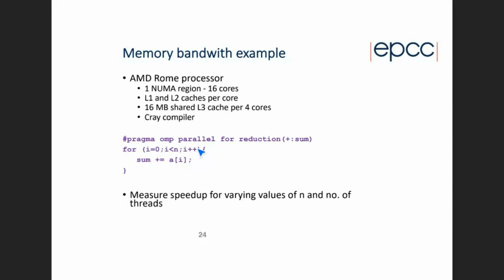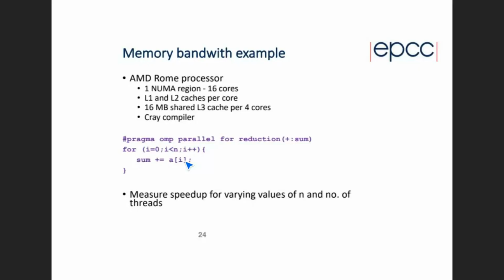I'm repeating the execution of this loop enough times to make sure that the first-time effect of data getting into the cache is not significant. So if the data is small enough to sit in the cache, then the regime I'm measuring is when the data does fit in the cache, and then it will be there.